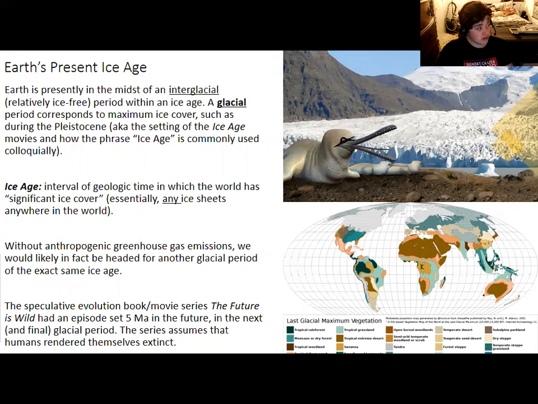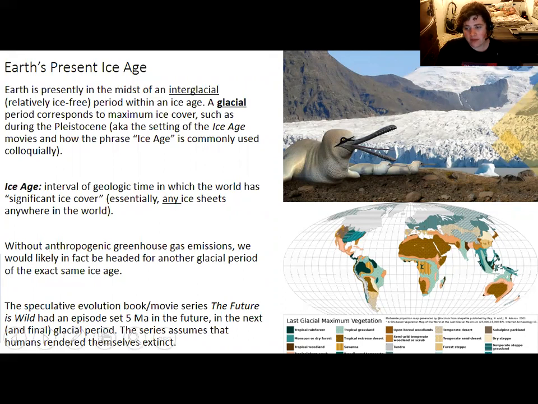And the point of this is that the ice sheets used to be more extensive than they are now, and also sea ice around Antarctica was more consistent, and the ice shelves went out farther. And that is what is known as a glacial period, when during an ice age, the ice sheets and the ice shelves are at their greatest extent.